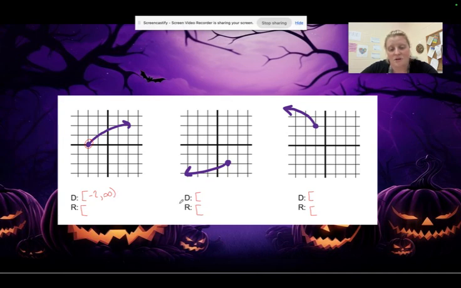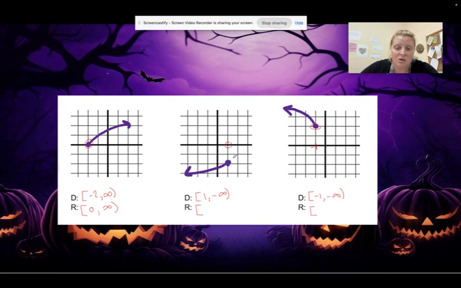If I do my domain over here, my right endpoint is at 1. I do not have a left endpoint. For this one, my right endpoint is at -1, but I do not have a left endpoint. It goes left forever. For your heights, your lowest point is 0, but it goes up forever.